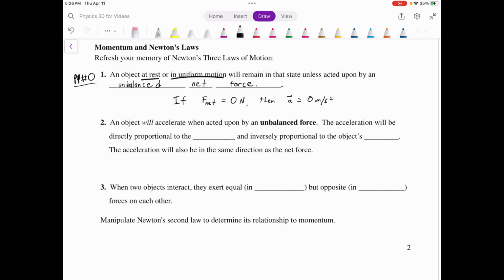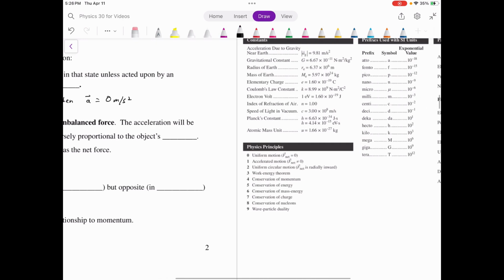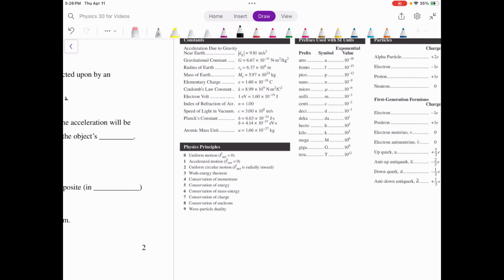Okay, all I mean by that, we're going to reference those more and more as the diploma gets closer and closer, okay? Because the diploma likes to ask you, which physics principle did you use to answer this question, or something like that, right? And they're just asking you basically to think about what knowledge you are applying, right? So this is just an Alberta thing. If you asked a BC student, what's physics principle number 0, they wouldn't know what to say.